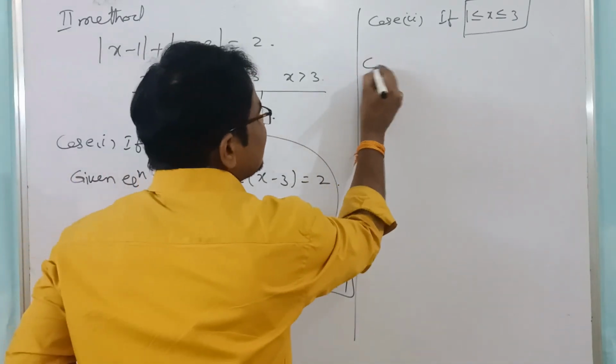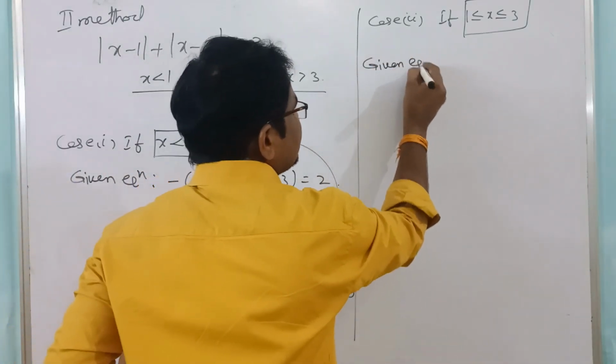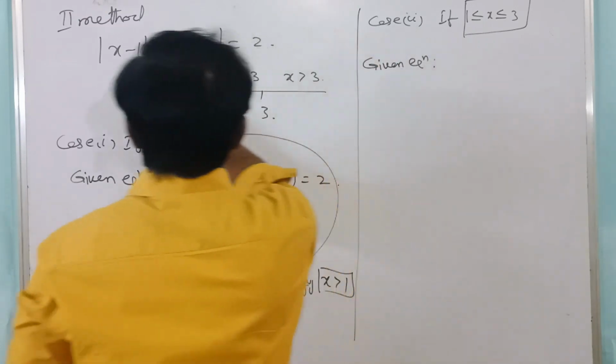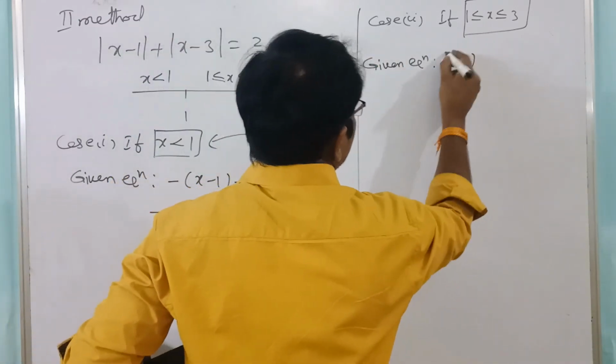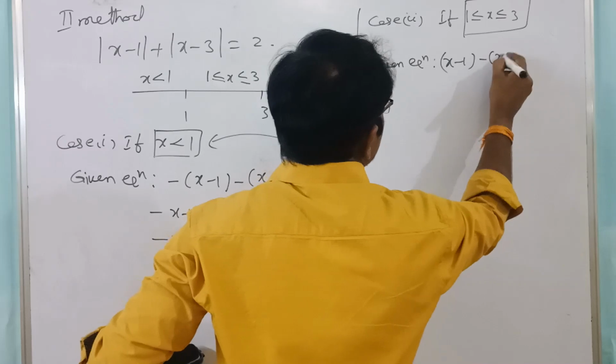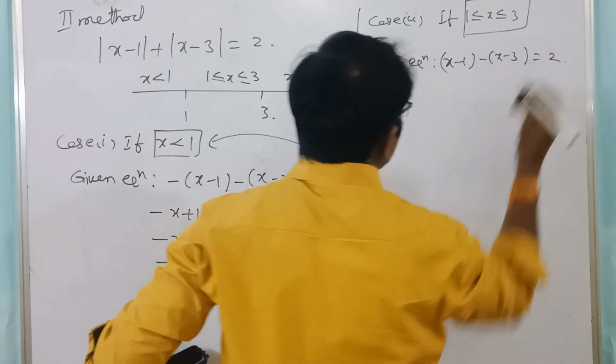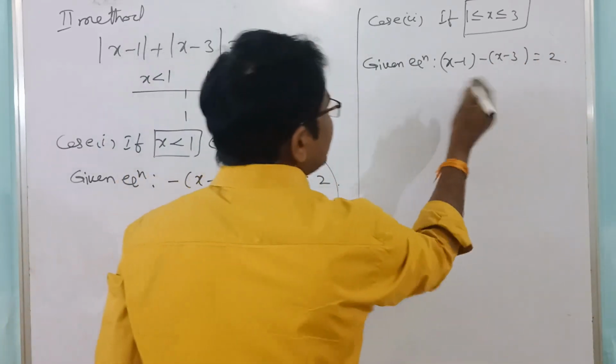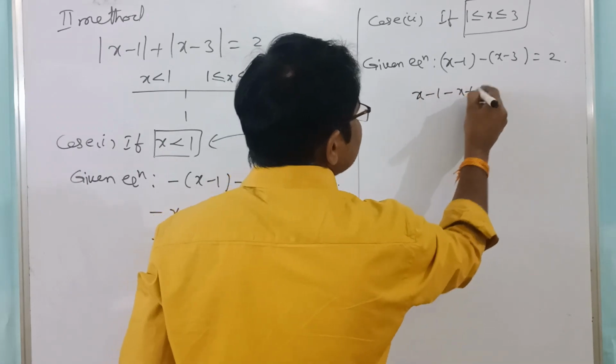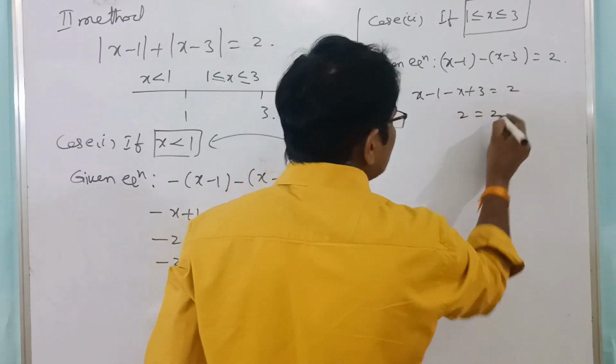So the given equation is (x − 1) minus of (x − 3) equal to 2. Now x − 1 − x + 3 = 2, so 2 = 2.